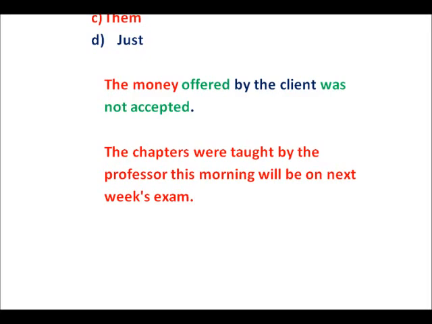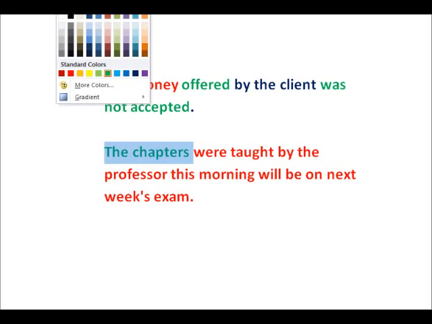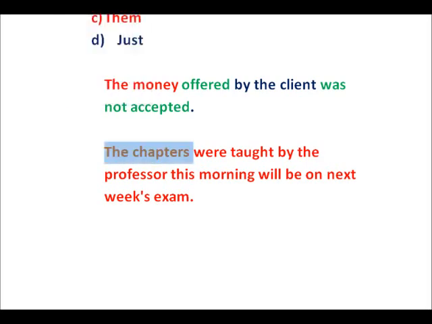Now, in order to check this one here, we need to decide on the subject. Well, actually the subject is the chapters. That's very clear. Fantastic. Now let's move to something else. So this is the subject. Do I have a verb? The chapters were taught. Yes, that's a verb.